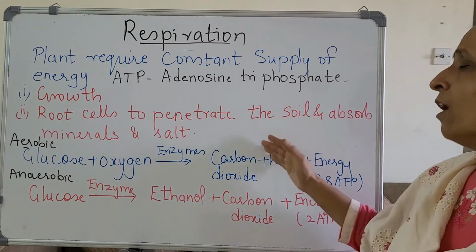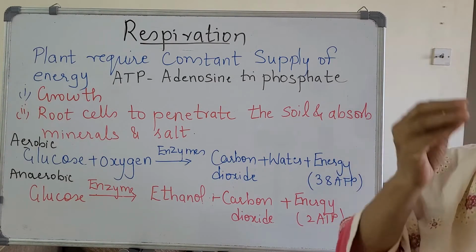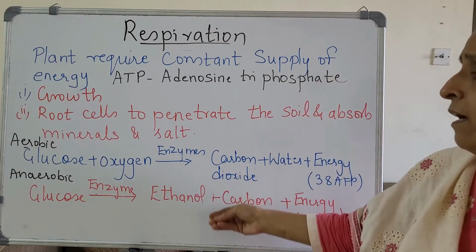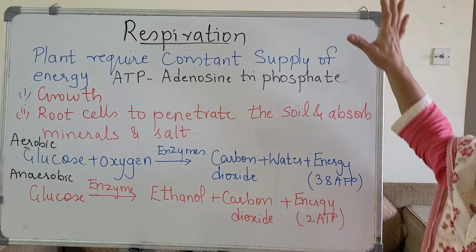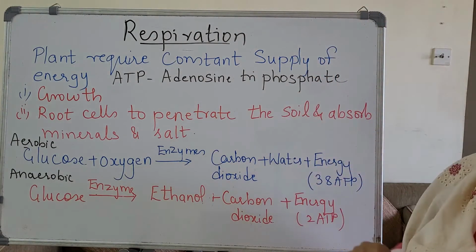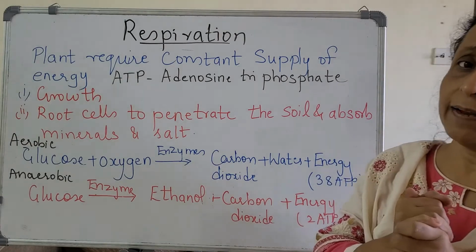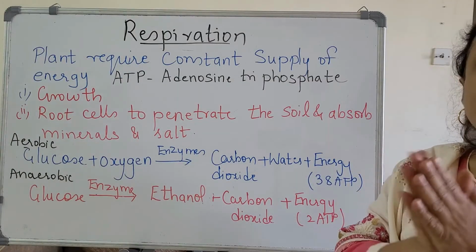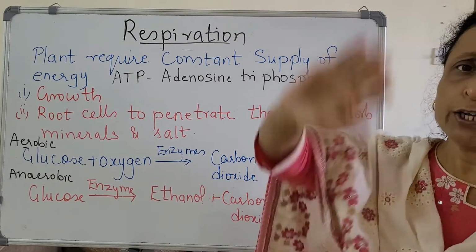All the big plants and animals carry out aerobic respiration, whereas yeast, parasites and our muscles carry out anaerobic respiration. So this is what you have to know about respiration, and I'll be making a video for question answers so that you are thorough with the topic.